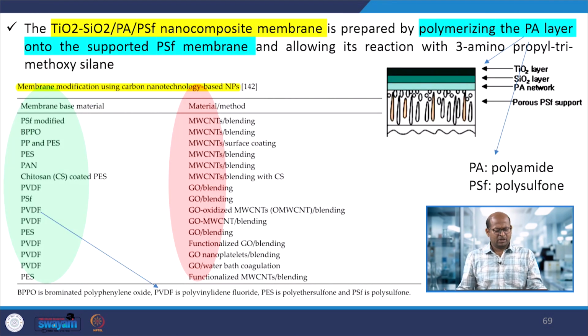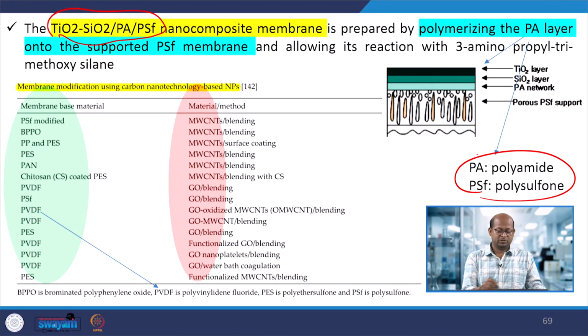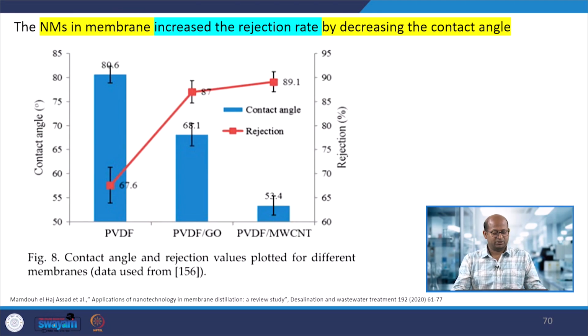Like that, TiO2 and SiO2 nanoparticles can be used with polyamide or polysulfone in composite membranes. We can mix them, or blend with CNT also. That is much more effective for different separation processes and wastewater treatment.